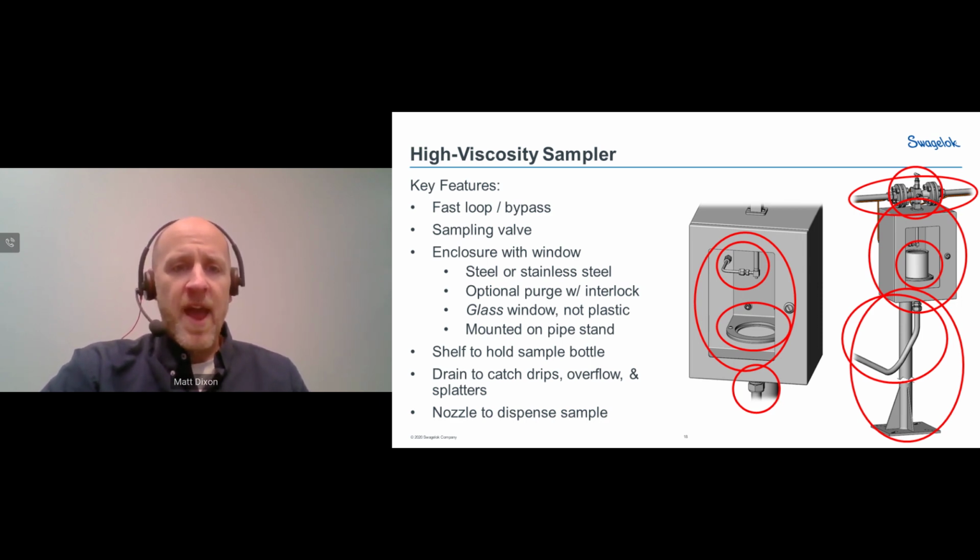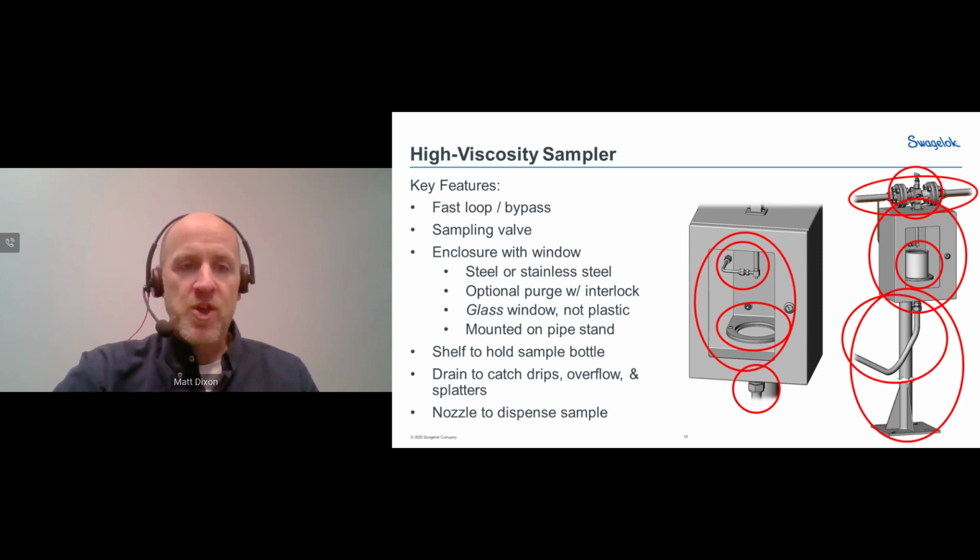What you typically want to have is either some sort of hole or grate that allows any drippage from the nozzle to go down through and go to a drain or something in the bottom. Very often you'll actually see these shelves made out of an expanded metal grid or something like that, so that you don't have to worry about anything pooling on the shelf itself.